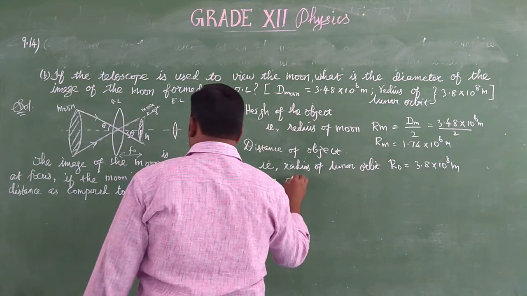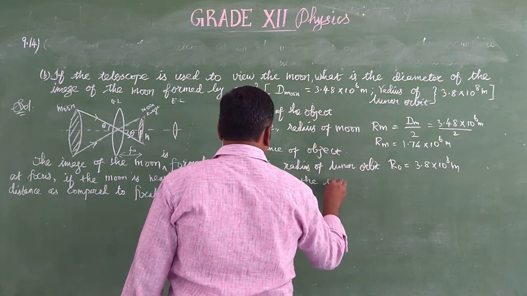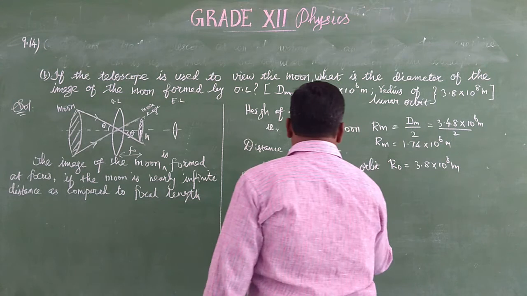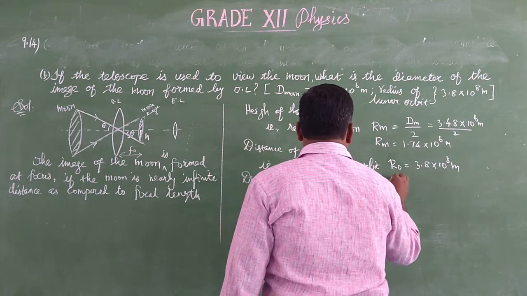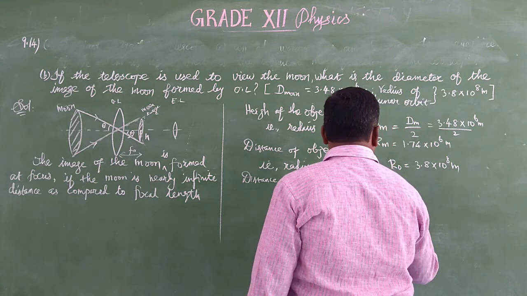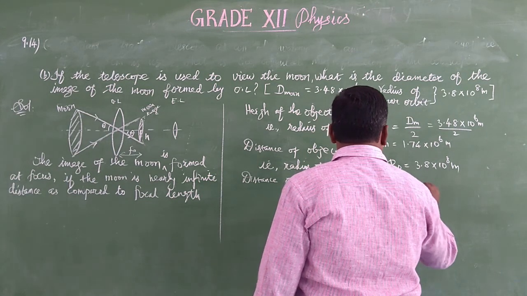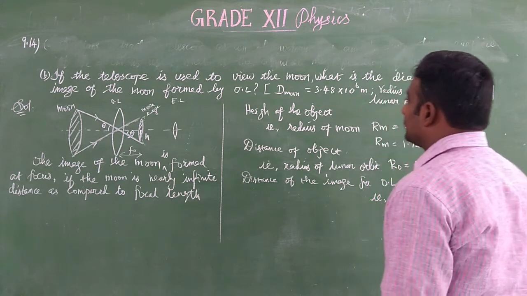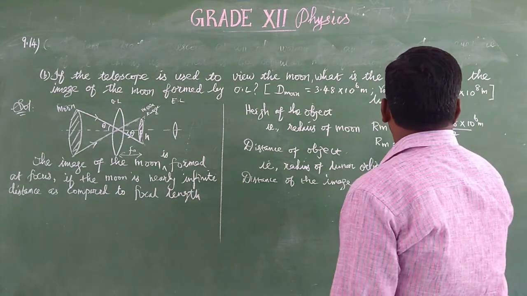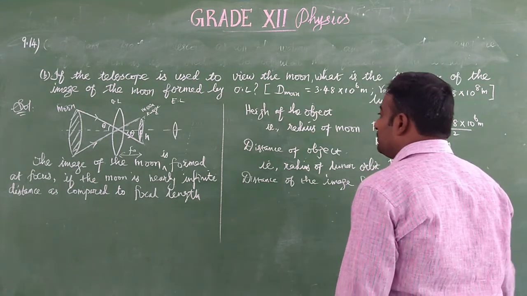So the distance of the image for objective lens is equal to the focal length. What is the focal length? That is 15 centimeter. So it is equal to 15 centimeter.